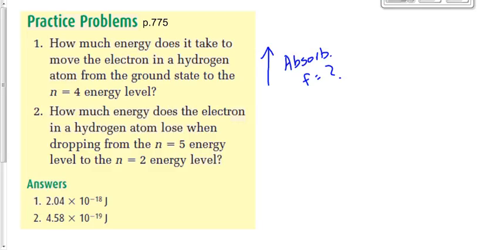In the second question, we're releasing energy because we're going from level 5 to level 2. We're emitting a photon. What's the wavelength of the photon emitted? You're not changing questions 1 and 2. All you're doing is adding to them. You still have to find the energies, just like they ask you to do. I'm just asking you to find something beyond the energies. That's all.